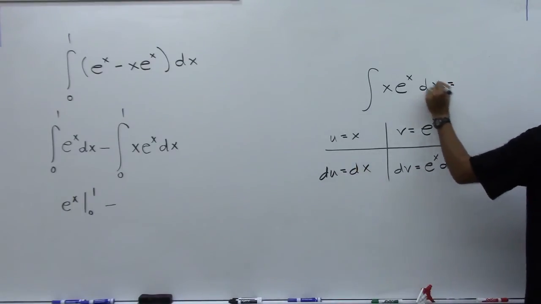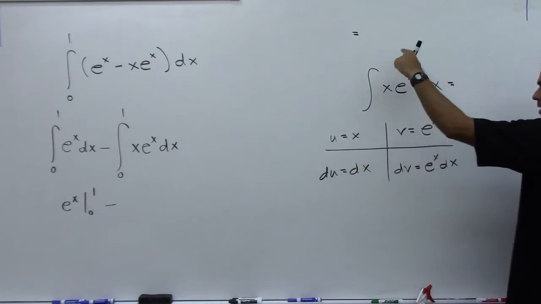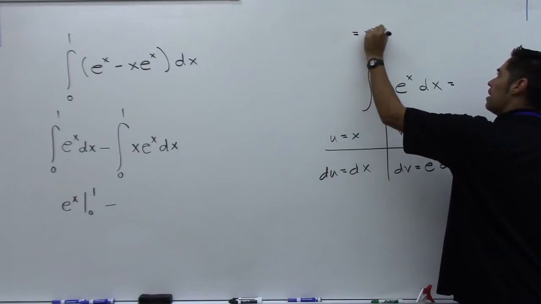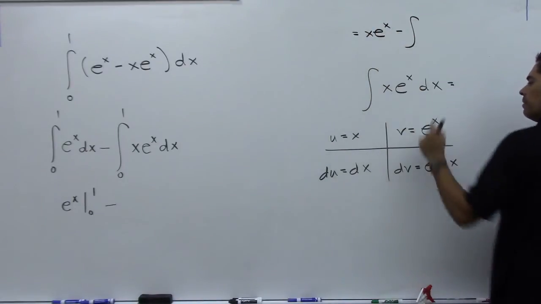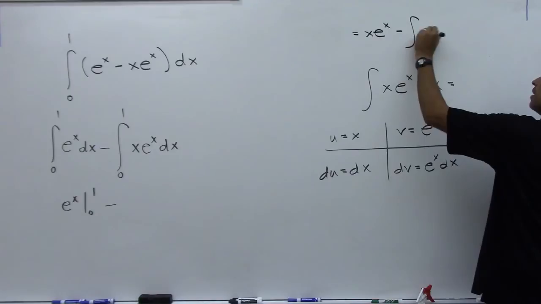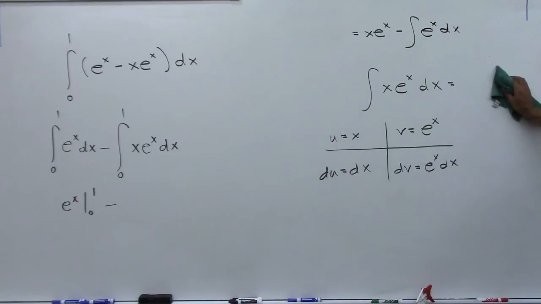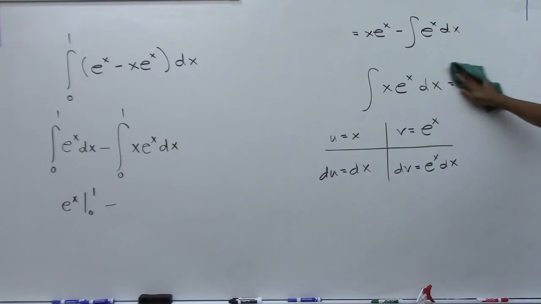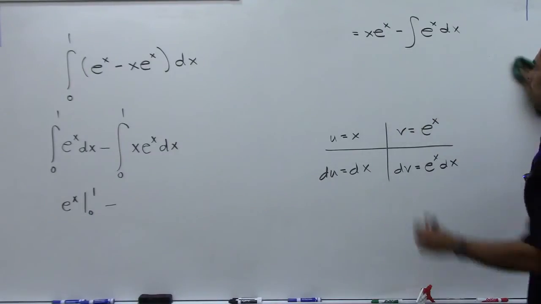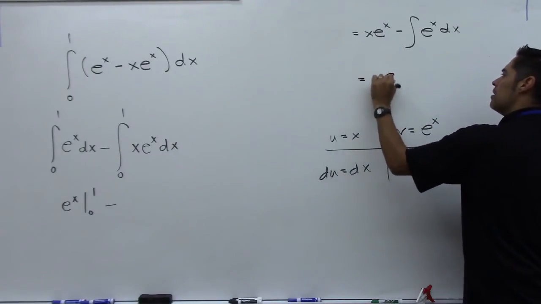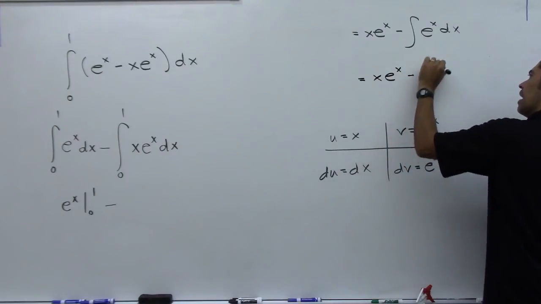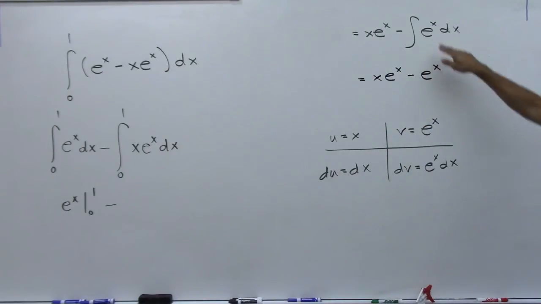So by integration by parts, this equals u v, x e to the x, minus the integral of v du, which is e to the x dx. And we can do this integral now, so that's nice. That's equal to x e to the x minus e to the x, since the antiderivative of e to the x is itself.